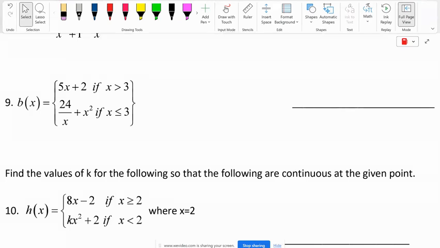So what will be the value that makes the denominator 0? When x is 0. But is that in our domain? x is less than or equal to 3. Is 0 less than 3? Yeah. So is it in the domain? Yes. If it were not in the domain, would we consider it? No. But since it is in the domain, we're going to say it is discontinuous. So no, it's not continuous at x equals 0.